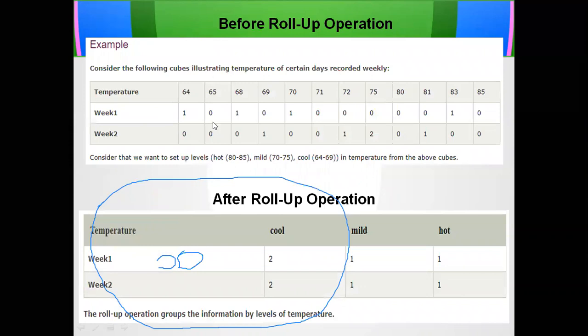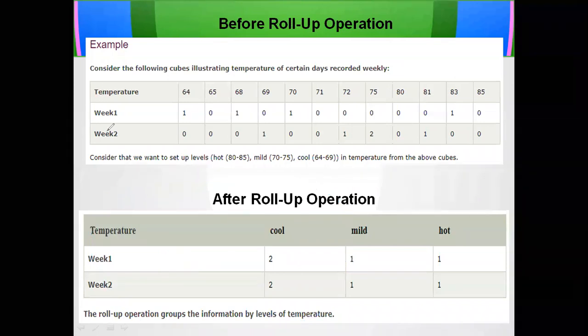Here is another example of the roll-up operation. Here only 2D data is shown for your understanding. My first dimension is the time and the second dimension is the temperature, right? So my table contains the day temperature for multiple days here, right?